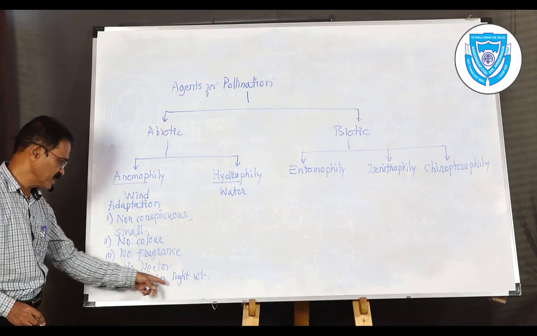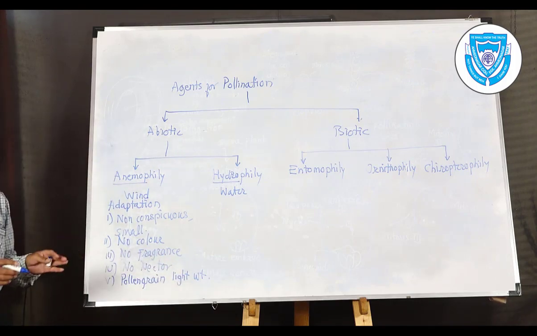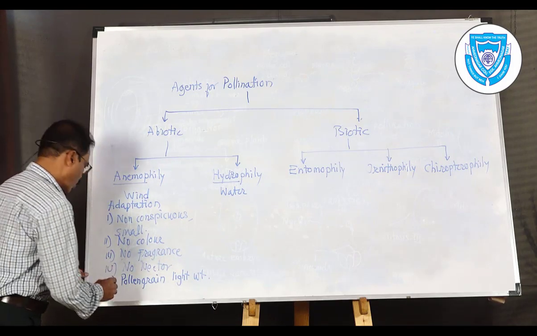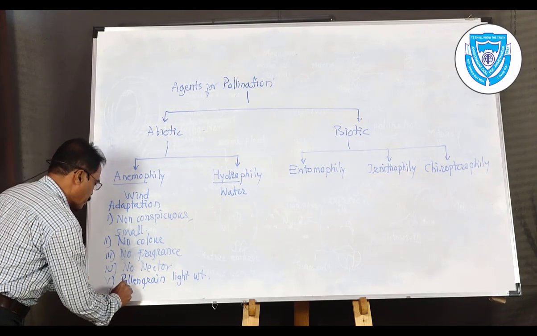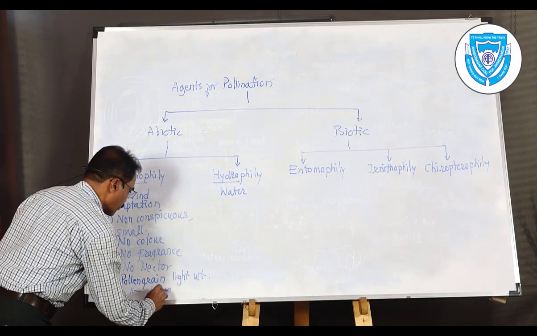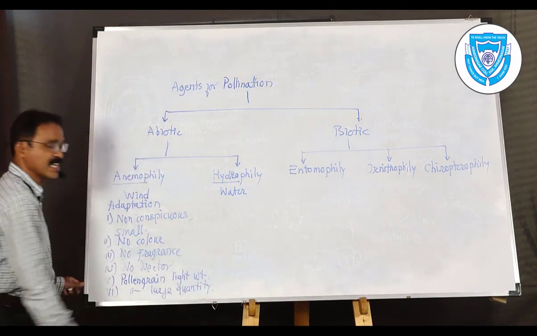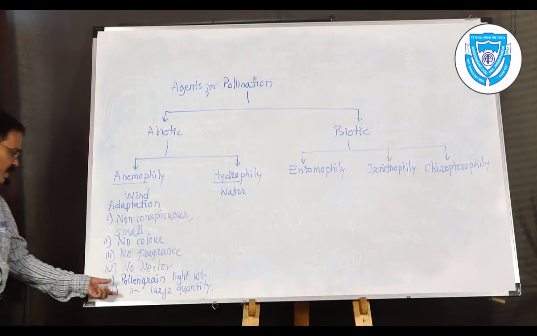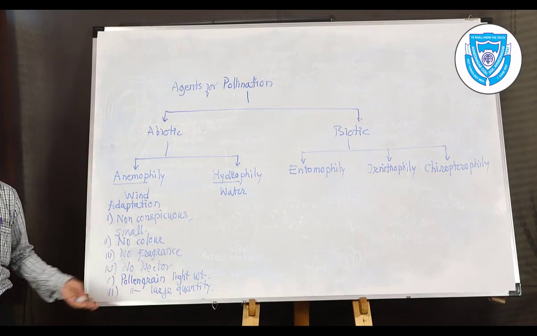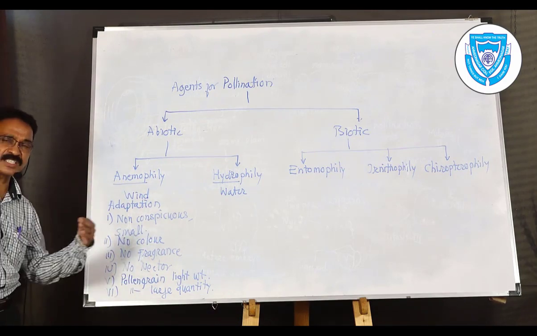Then, the pollen grains are produced in a large quantity to ensure pollination, that is, to increase the chances of pollination.